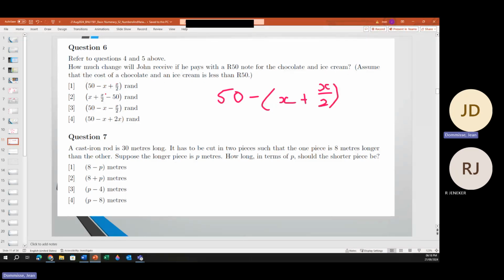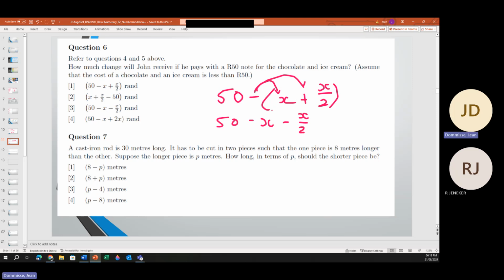So we now see they've got everything into 1. What we will need to change a bit is to multiply this minus in at both of those within the brackets. So we will end up with minus X and minus X over 2.